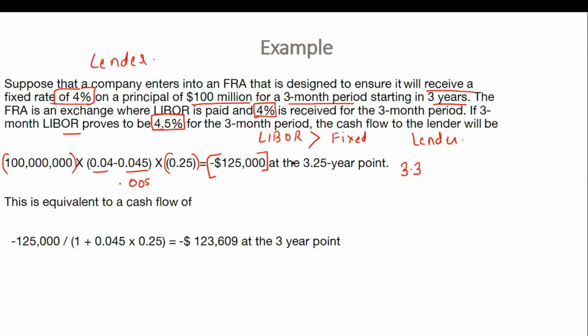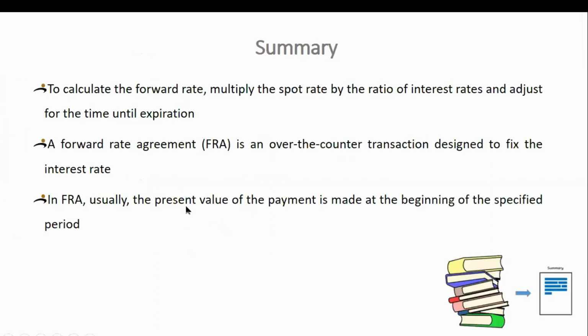But as I explained, you can discount it back and the lender can pay at the end of 3 years itself, not at the end of the 3.25 year point. At the end of 3 years itself, the lender will pay $123,609 because we discounted it back and brought it to the initial period.